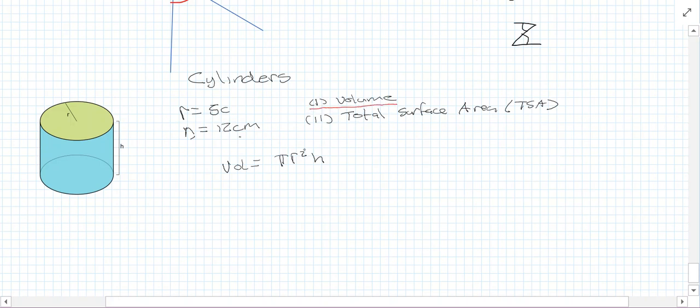So we have radius r is 5 and the height h is 12 centimeters. We can just plug these into our formula.